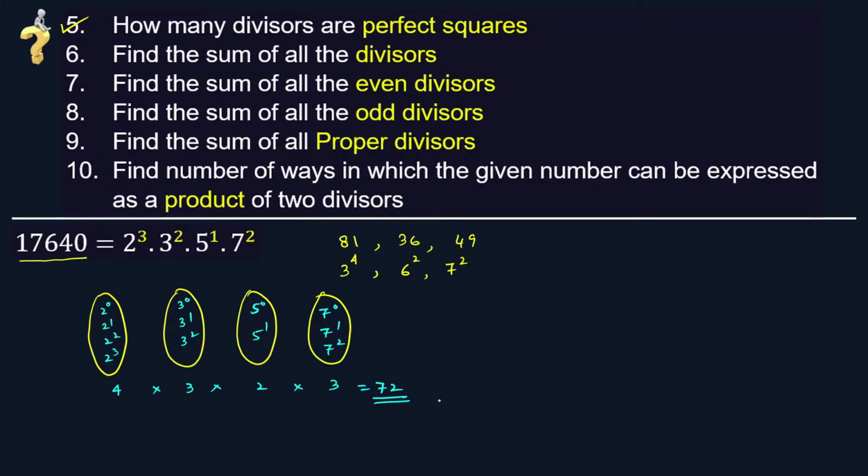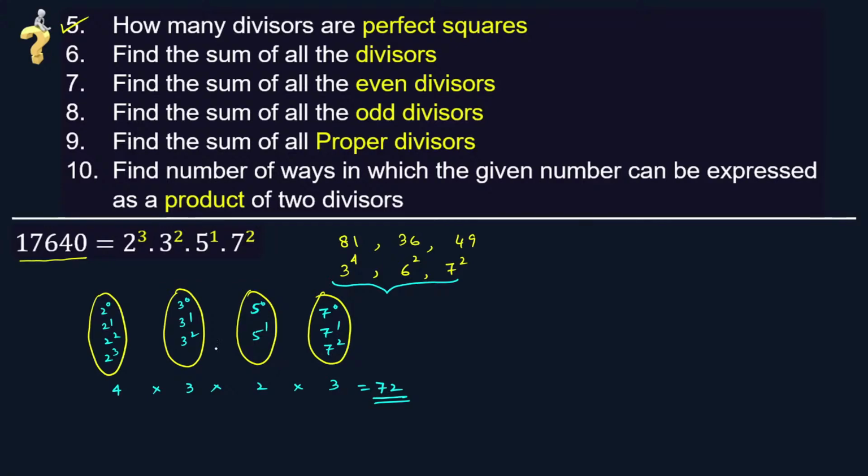Now the question comes, how many of these 72 divisors are perfect squares? So just now we got the logic that for getting any number which is a perfect square, the exponent should always be even.